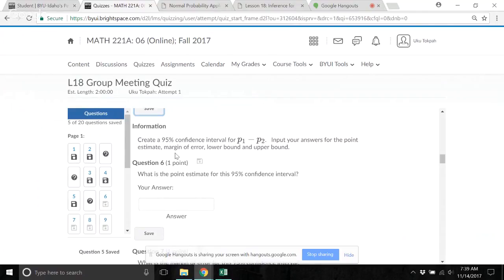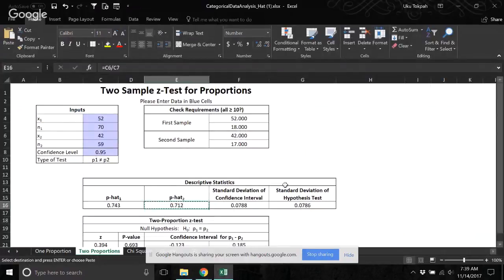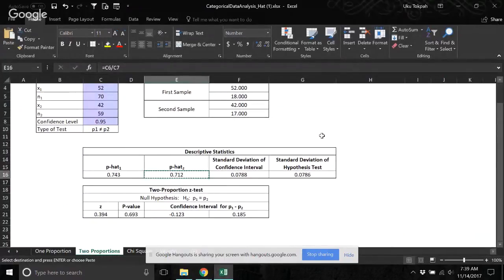Create a 95% confidence interval for P1 minus P2. You need to input your answer for the point estimate. Wait, it's already done here. I don't need to change anything. Well, the problem is that's what I've been trying to figure out, what the point estimate is. Oh, I'm not really sure what that is.